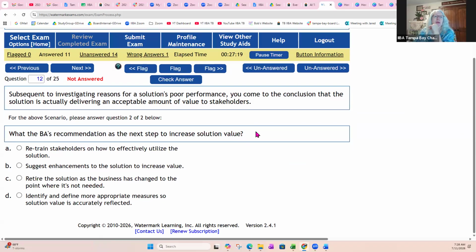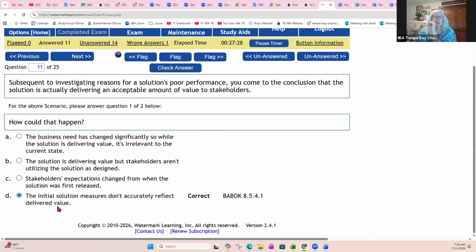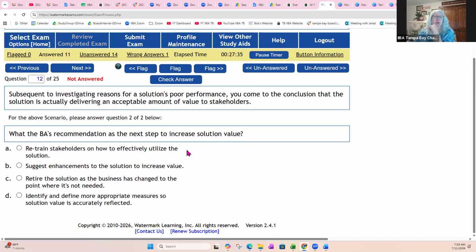Second question on the same scenario. What is the BA recommendation as the next step to increase solution value? So let's go back. If the answer really is the initial solution measurements don't actually reflect delivered value, the next thing we should do is retrain stakeholders on how to effectively utilize the solution, suggest enhancements to the solution to increase value, retire the solution as the business has changed to the point where it's not needed, or identify and define more appropriate measures so solution value is accurately reflected.